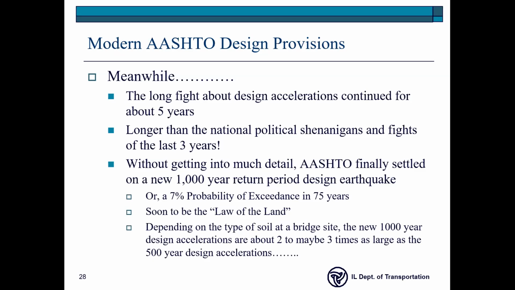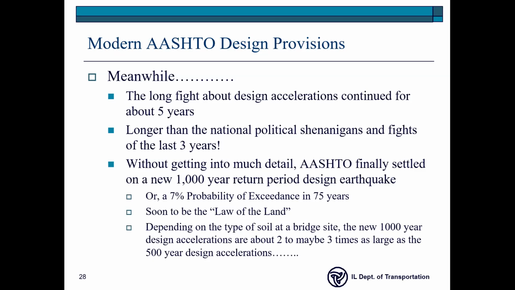And it kind of was a civil war, and it was very political. Okay, and that fight was very acrimonious too, and that went on for like 5 years. So if you compare that to, since President Trump was elected and how much political fear has gone on since he was elected, that's only been going on for 3 or 4 years. We fought about design accelerations for 5 years, if you can imagine.